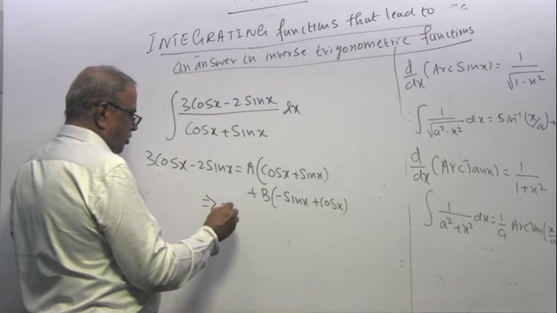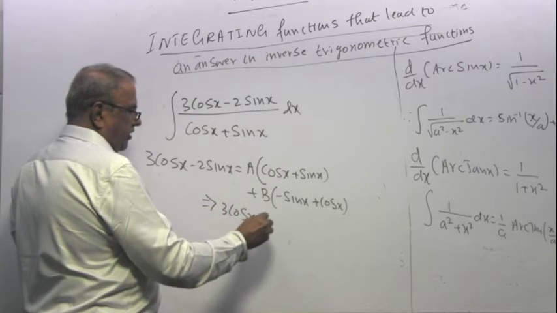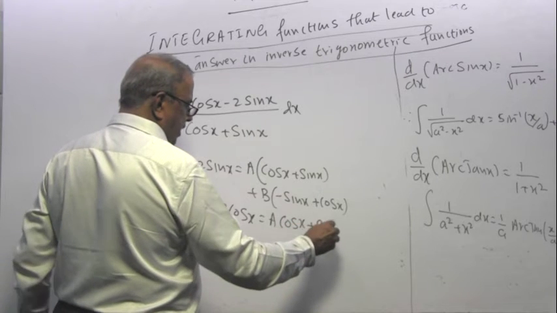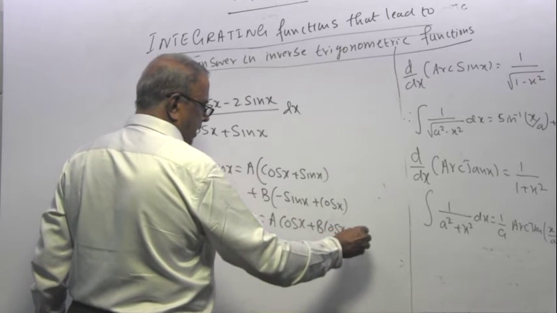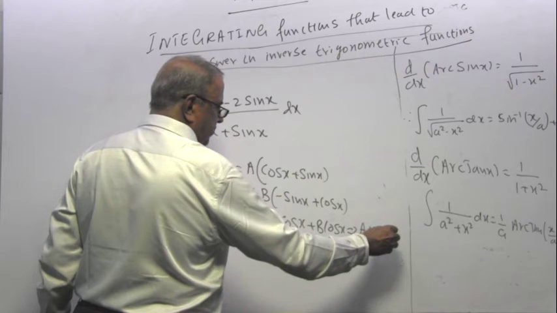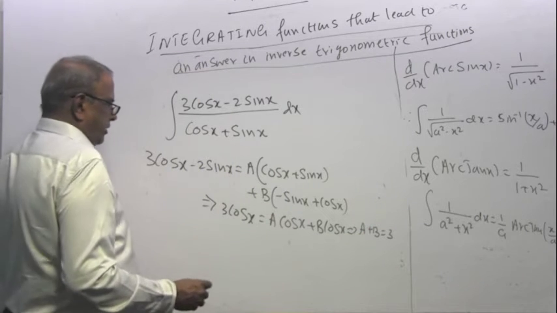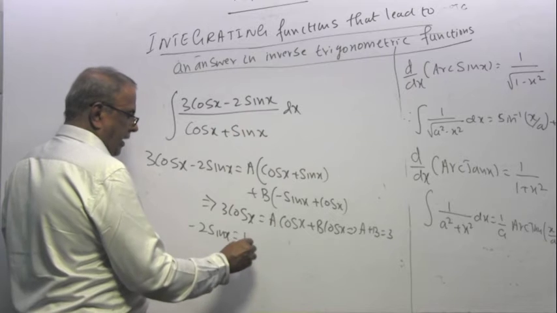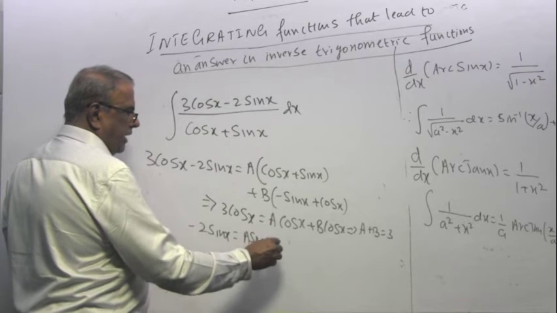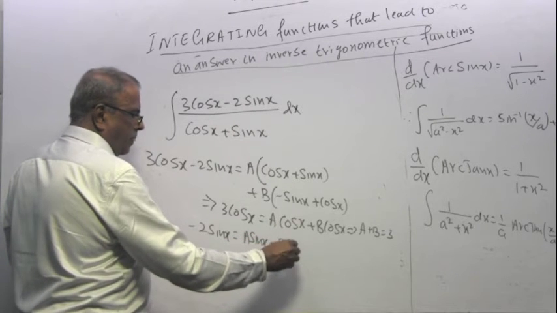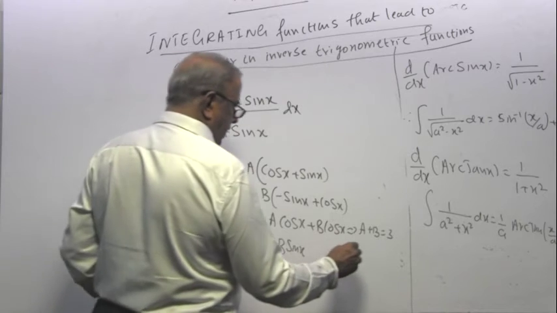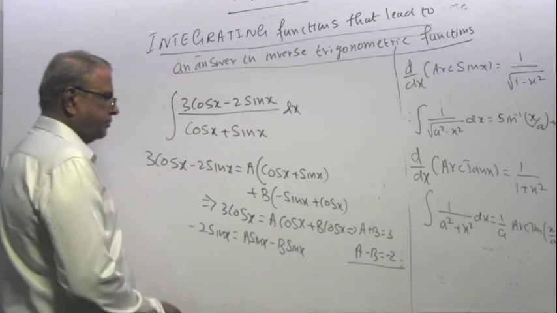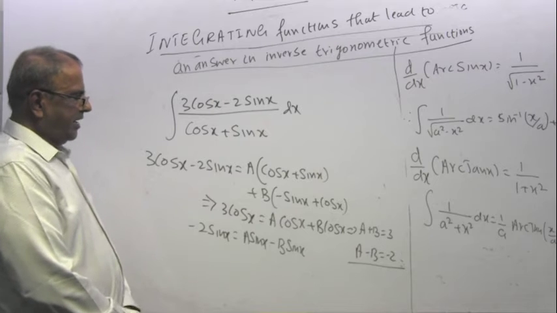So if I compare the coefficients, 3 cos x equal to a cos x plus b cos x, giving me a plus b equals 3. Similarly, minus 2 sin x equal to a sin x minus b sin x. So a minus b equals minus 2. Add: a is half.